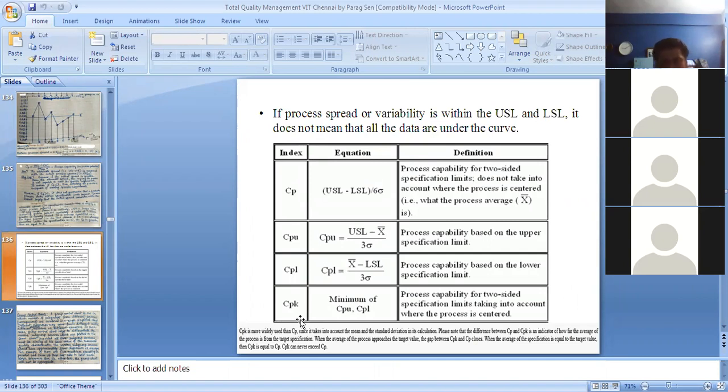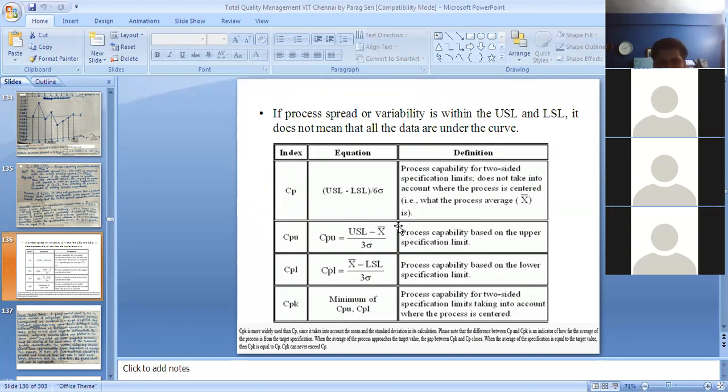For the formula, first we calculate CPU, the process capability based on the upper specification limit. Then we calculate CPL, which is given by x bar minus LSL divided by 3 sigma, the process capability based on the lower specification limit. Then Cpk is the minimum of CPU and CPL.